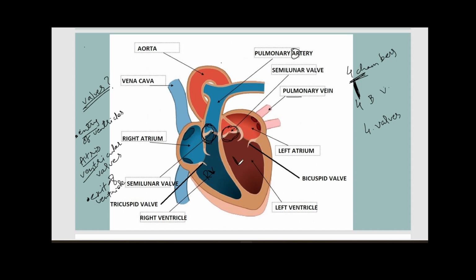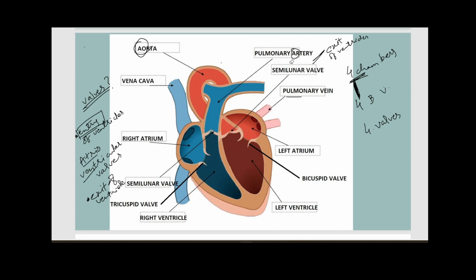And this is the exit of the left ventricle, which is where it is connected to the aorta. So there's a valve here, there's a valve here. Both of them are called semilunar valves. So semilunar at the exit of both the ventricles, and atrioventricular at the entry of ventricles. So that is the position of valves.